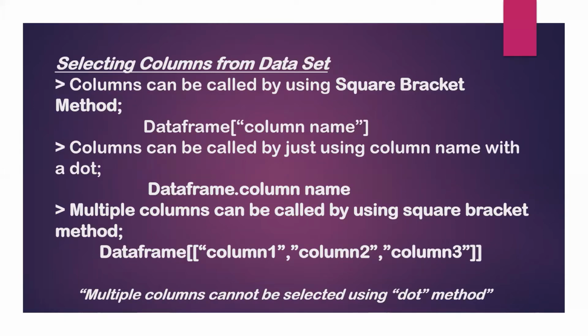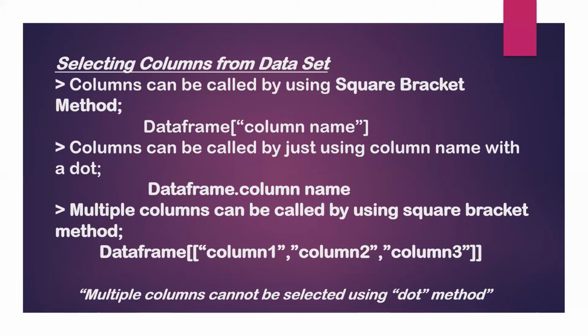There were different methods of selecting columns of a data frame. One method was just by using a dot after the name of the data frame, and then the name of the column which you want to get.